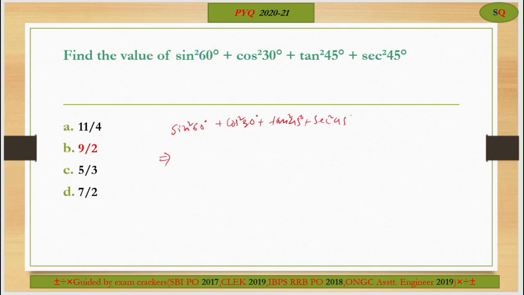We know that sin 60 degree will be √3/2. So here it is square plus cos 30 degree also √3/2 square plus tan 45 degree is 1, so 1 square plus sec 45 is √2, it is √2 square.